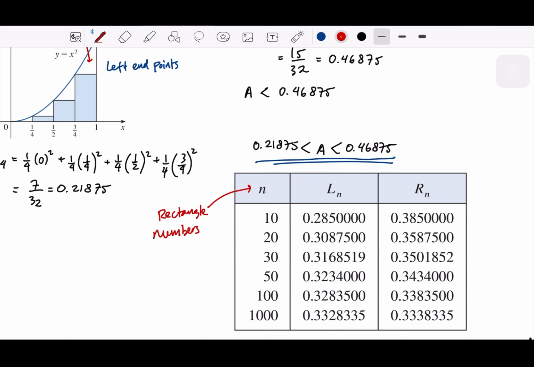You get the numbers from the left endpoints and right endpoints, and they come to one similar number, like 0.33 something. I think this is a good approximation because the error is 0.0001 or 0.001. The takeaway is the more rectangles you have, the better approximation you will have for finding the area under the curve. And that leads us to the definition of the integral itself.